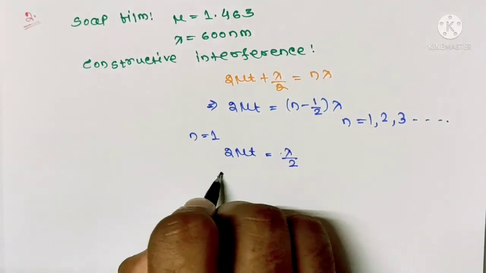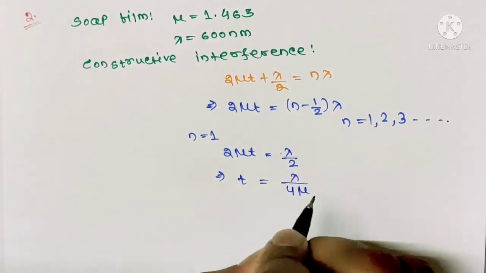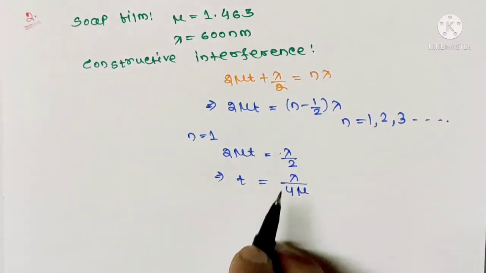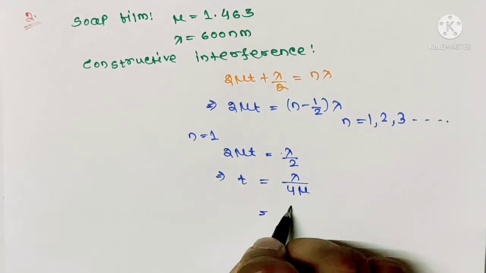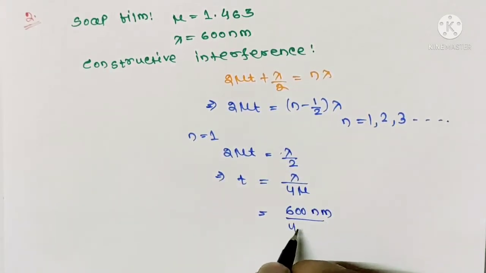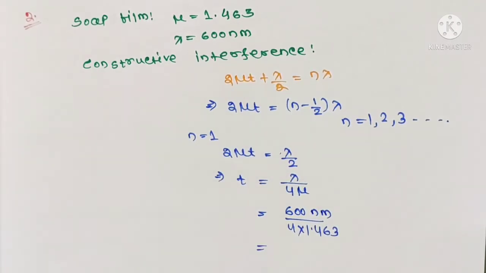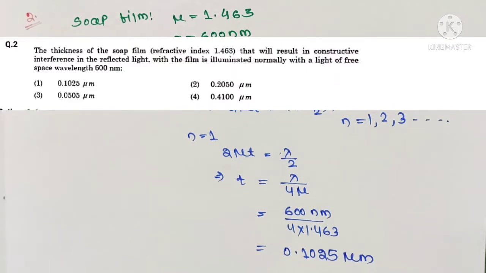So from here thickness t equals lambda by 4 mu. We are given lambda and mu, so using the values, that is 600 nanometer by 4 into 1.463, which will be equal to 0.1025 micrometer. So your correct option is option 1.